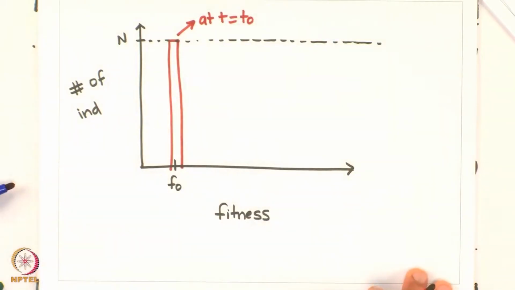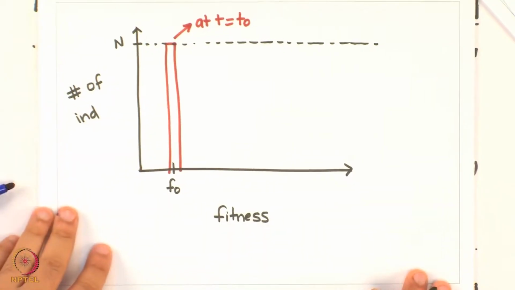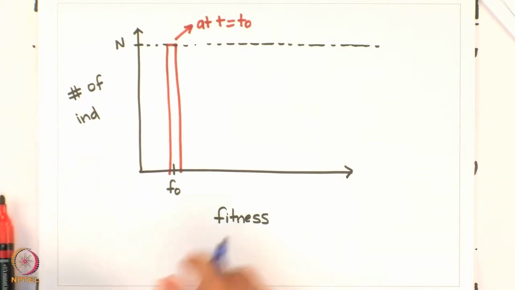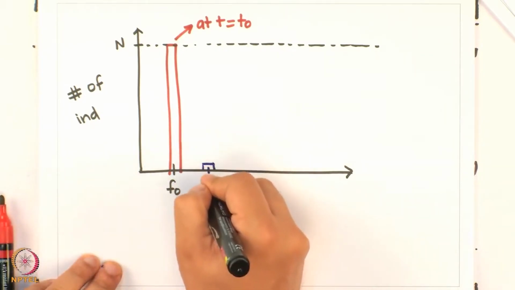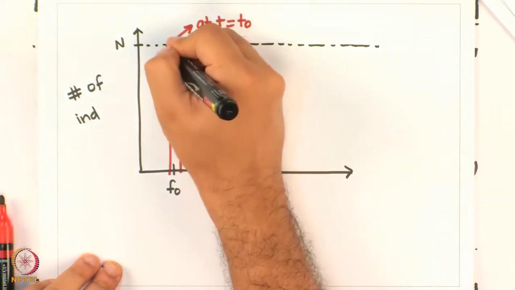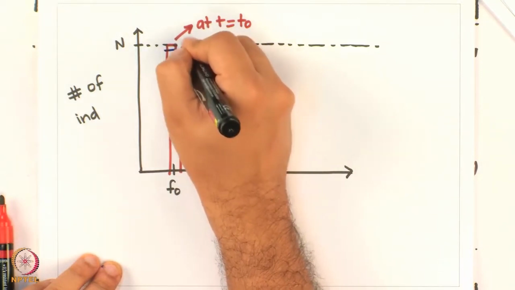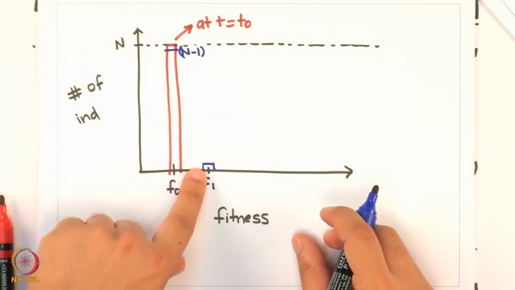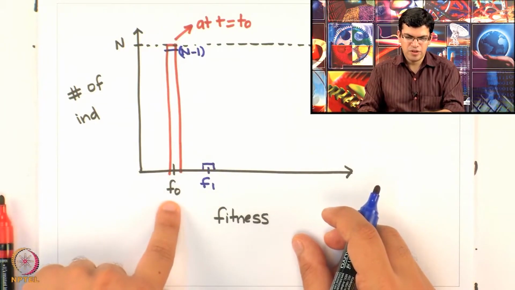What will happen as I let this evolutionary experiment play forward in time? Eventually a beneficial mutation will happen. So, I will get a case where I have one individual at fitness F1 and n minus 1 individuals at fitness F0. So, that number comes down by 1 and I have one individual which is at a fitness F1 where F1 is more than F0.